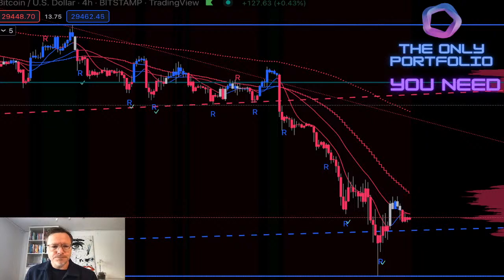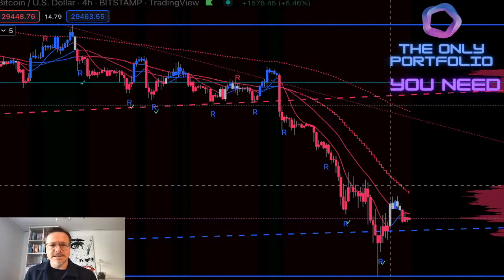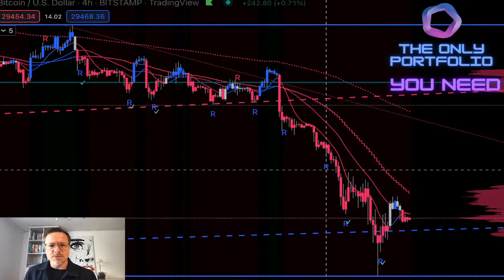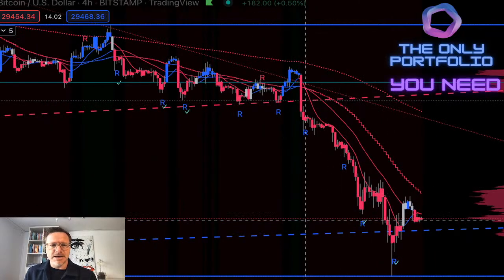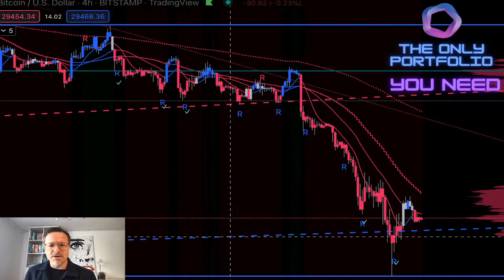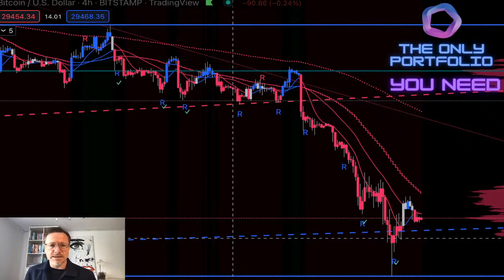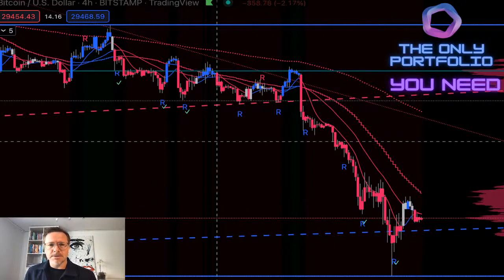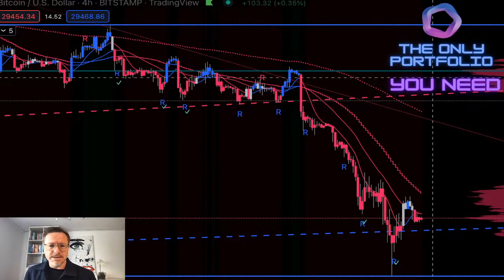Here we have the BTC on the 4 hour, and as we see, we have these dashed lines. This is the support. These are long-term support lines, and these are long-term resistance lines.